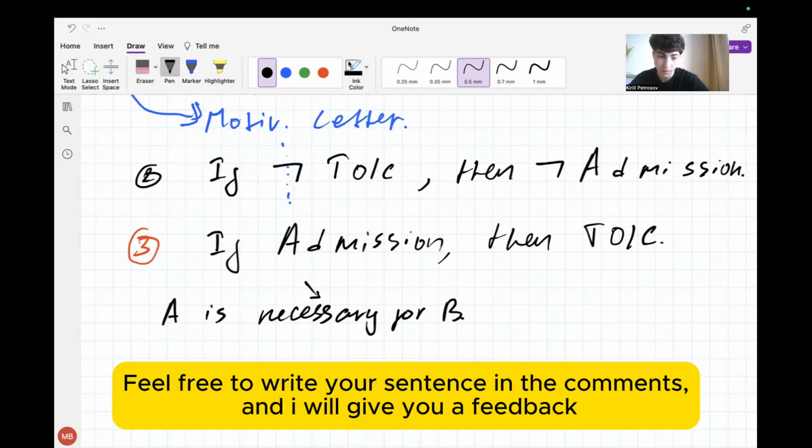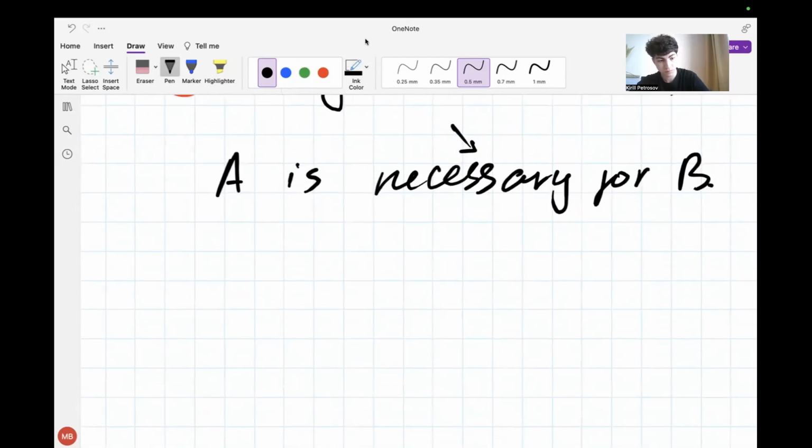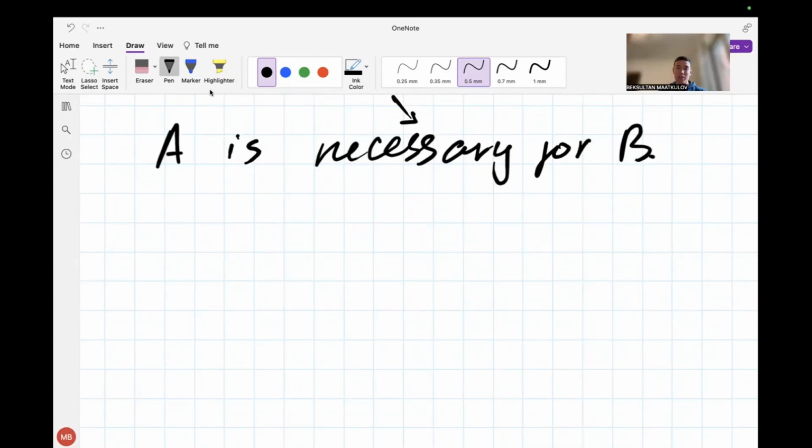Feel free to write your sentence in the comments, and I will give you feedback. For example, I could come up with a statement: being 18 plus is necessary for having a driver license. If you are not 18 plus, you could not have a driver license.